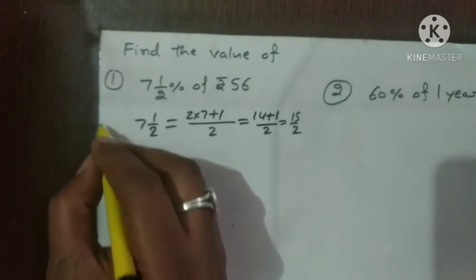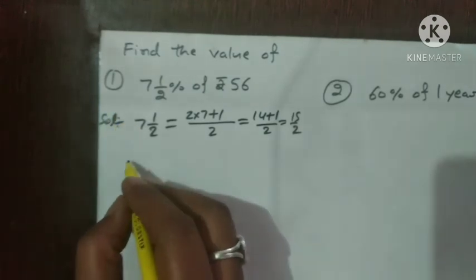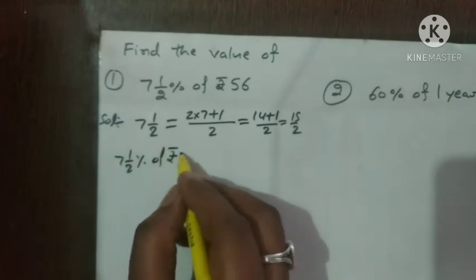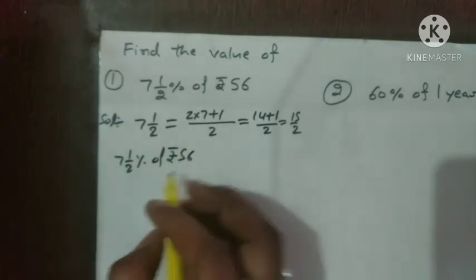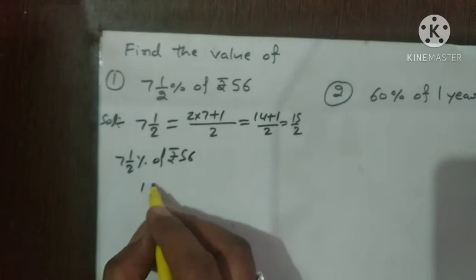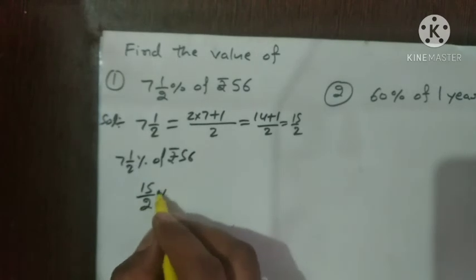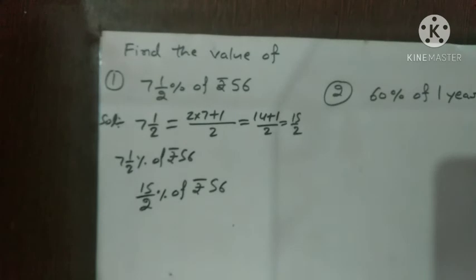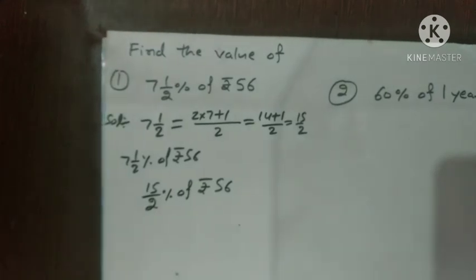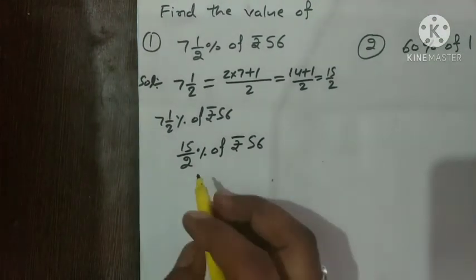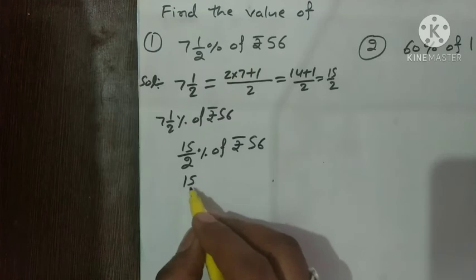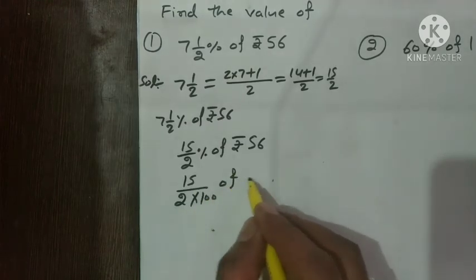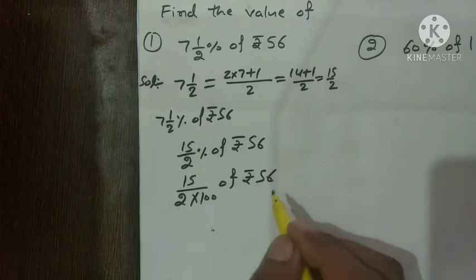So the solution is 7.5% of rupees 56 is equal to 15 by 2% of rupees 56. Now you can see that it is 15 over 2 multiplied by 100 of rupees 56.